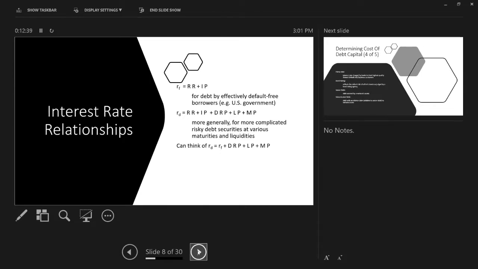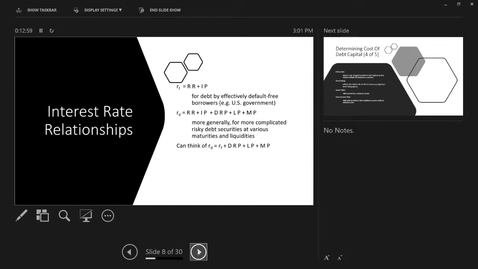So RR plus RP is RA, as I showed earlier. We can make it simpler: RD, the cost of capital for debt, equals the risk-free rate of return plus the default risk premium, plus the liquidity premium, plus the maturity premium. That's how the formula looks.